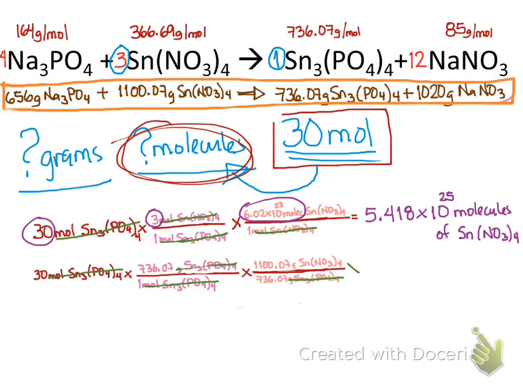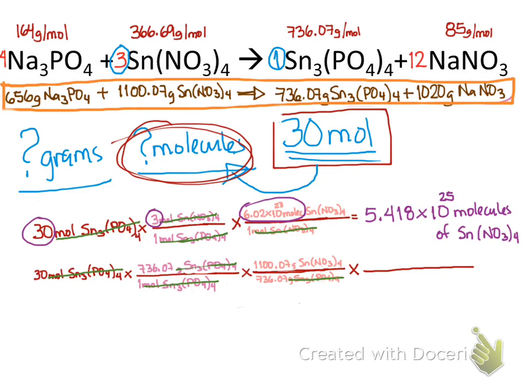By multiplying by Avogadro's number. I will need to use grams of tin nitrate below, and I will use the amount that equals 1 mole. How many grams is 1 mole of tin nitrate?